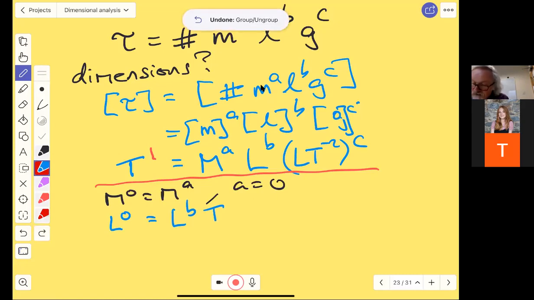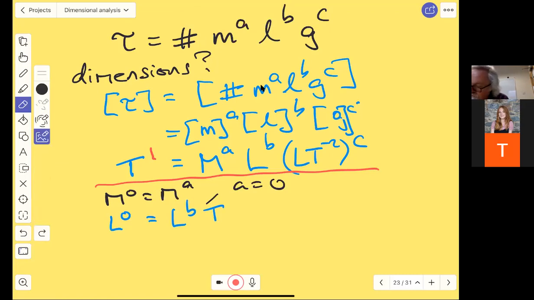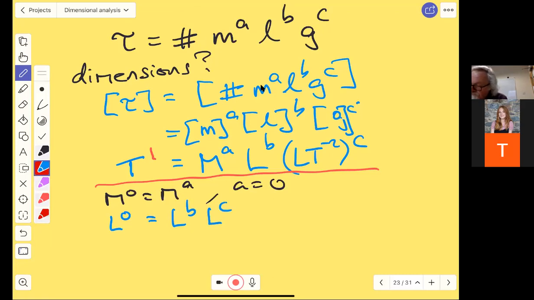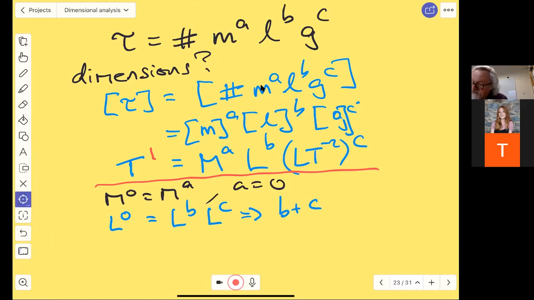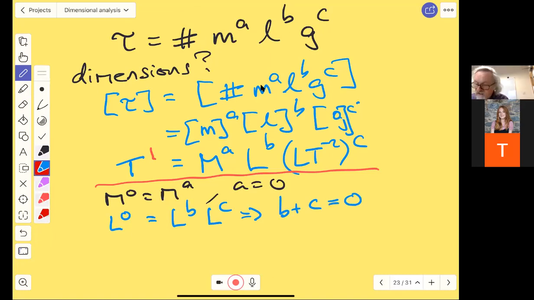Sorry, that should not be a t. You just get L to the b times L to the c. So that tells us that b plus c, which is the power of L here, is 0. So that's a useful equation immediately.